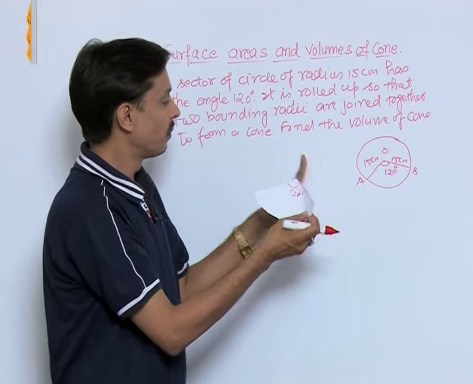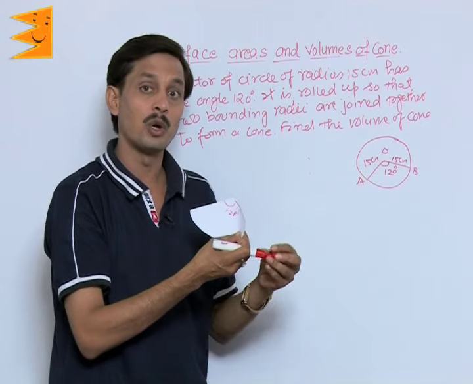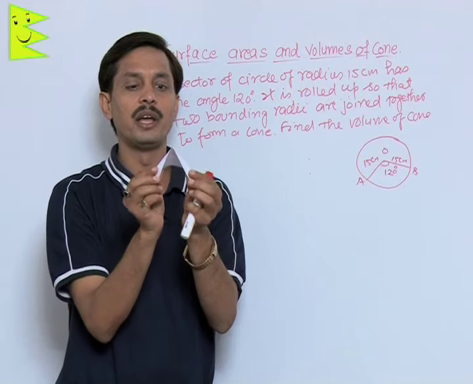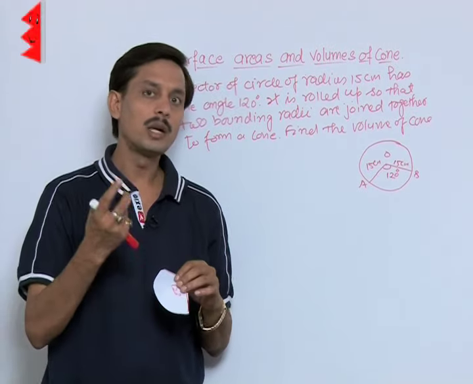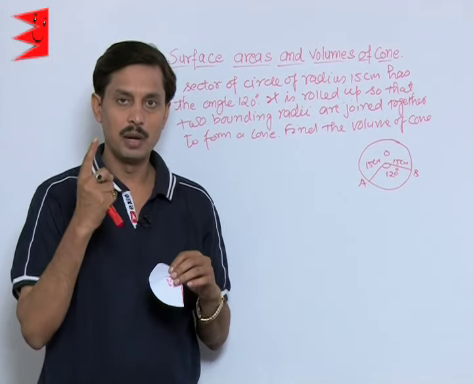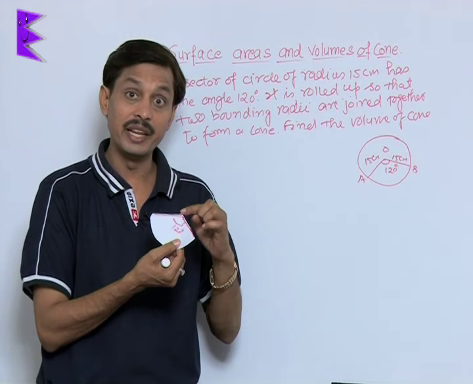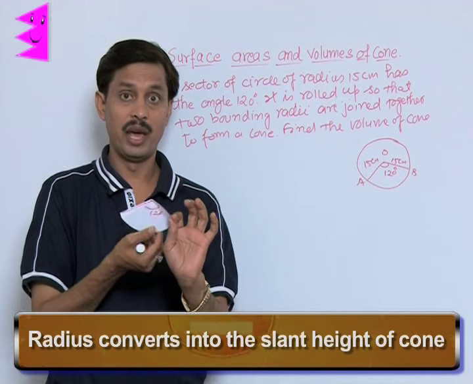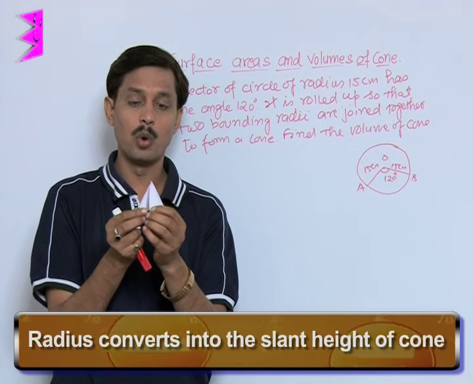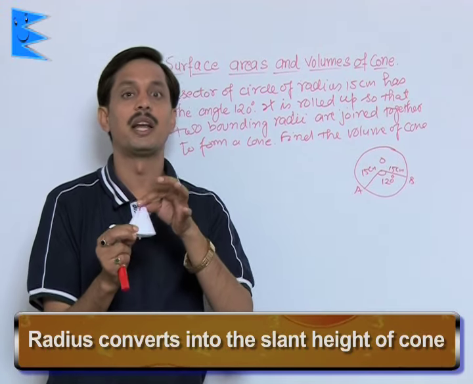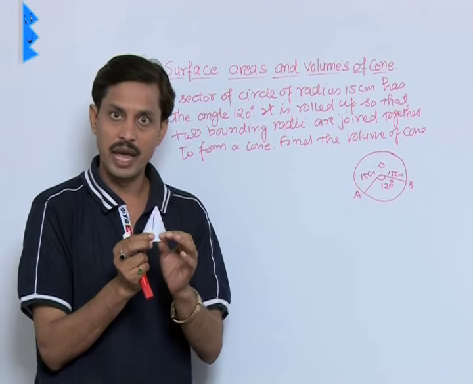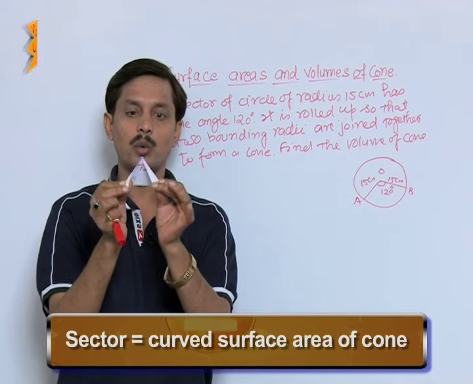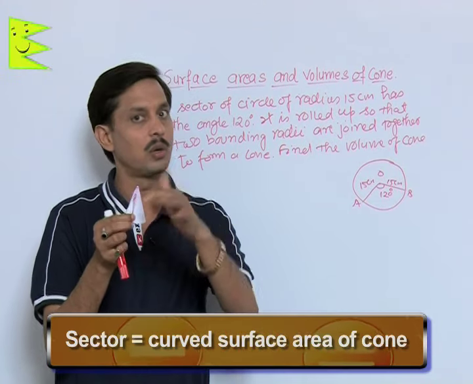If I show you how this sector can be converted into a cone, the two bounding radii are joined like this. There are two important things to note. Number one, the radius of the sector, when converted to a cone, becomes the slant height of the cone. Second, the area of the sector is always equal to the curved surface area of the cone.